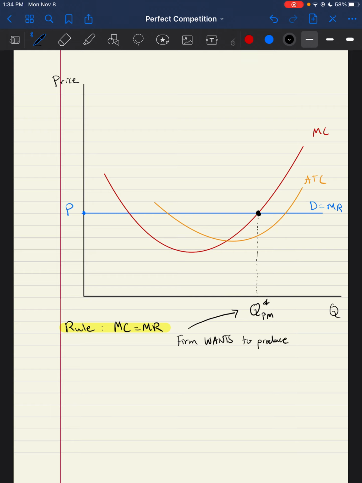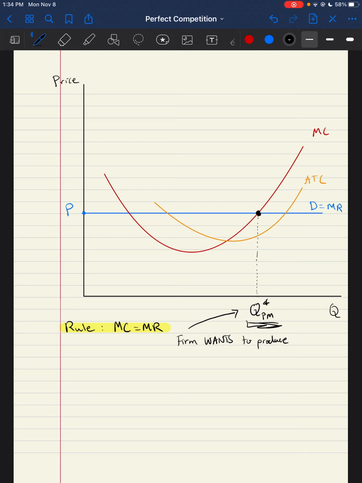The firm wants to produce at this level right here. So we know how much the firm wants to produce, and we know that this quantity is going to maximize our profit, but what exactly is the profit? How exactly are we going to find that profit?